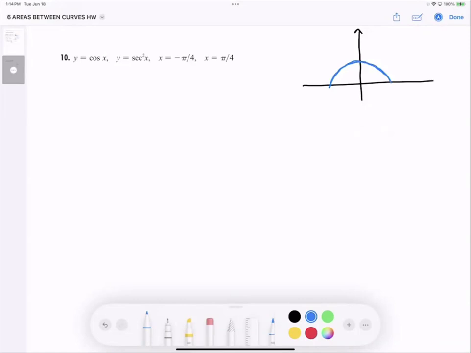We know that it's bounded between negative pi over 4 and pi over 4, so I'm going to look at some portion of it. So this is my cosine function, cosine of x. And for the secant squared function, some part of it is very similar to a parabola.